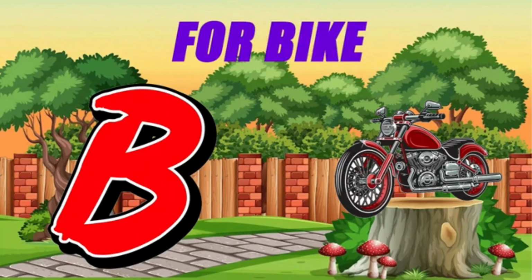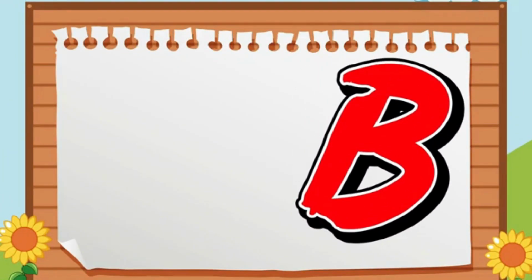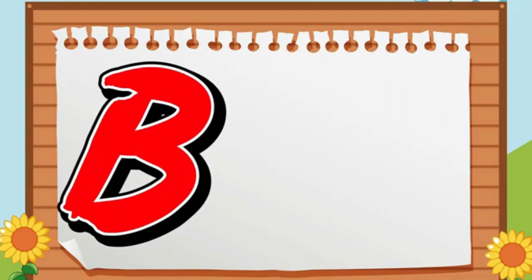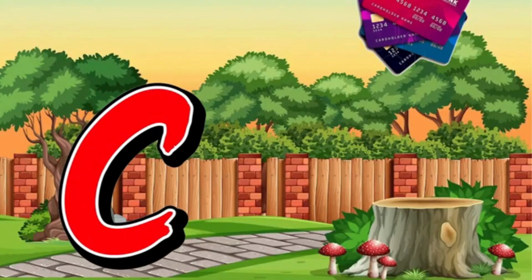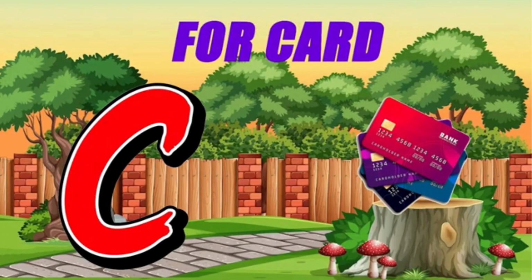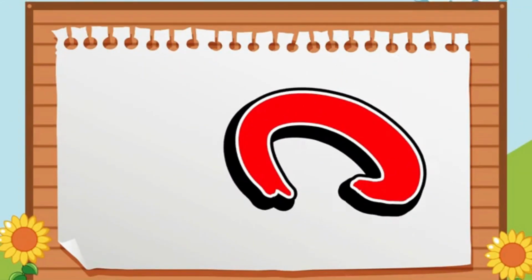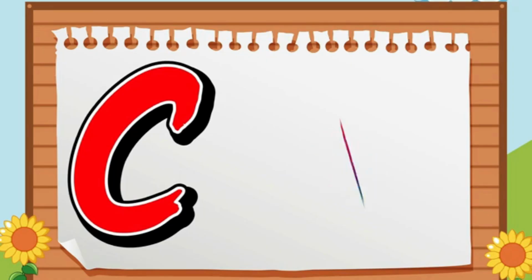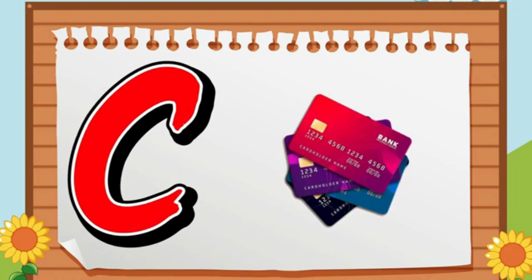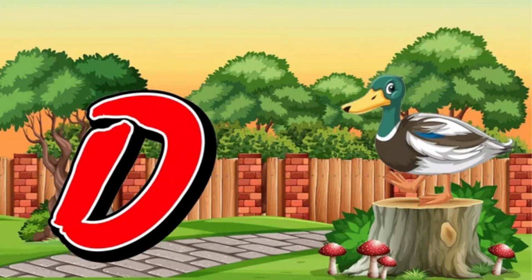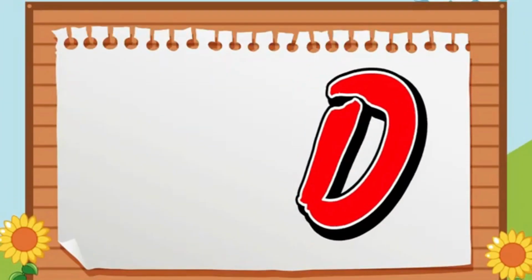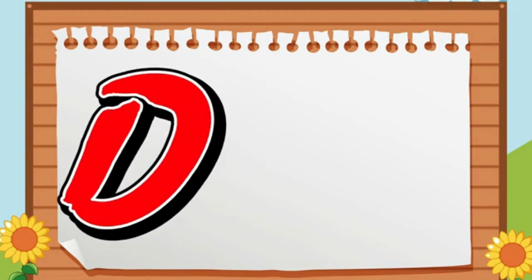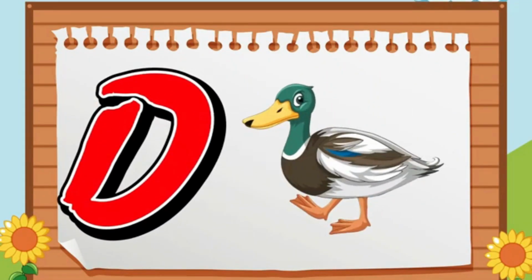B for bike. Bike. C for car. Card. D for duck. Duck.